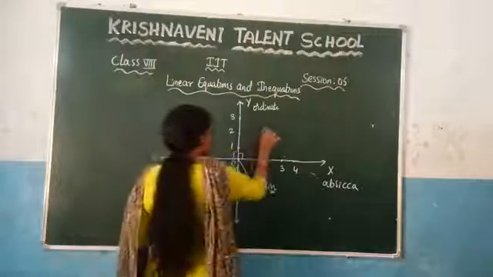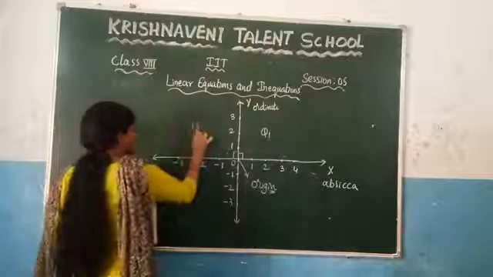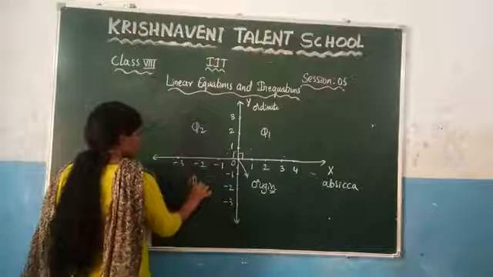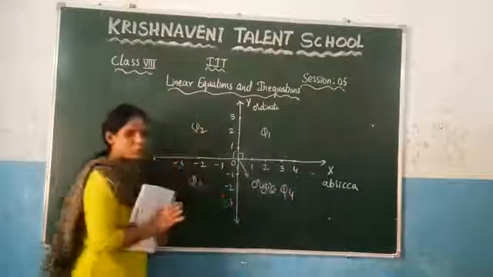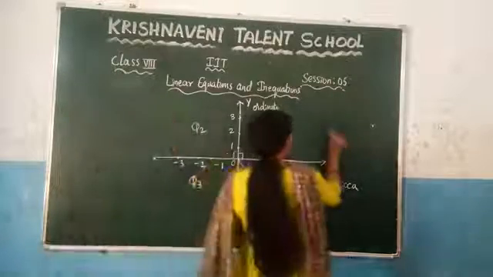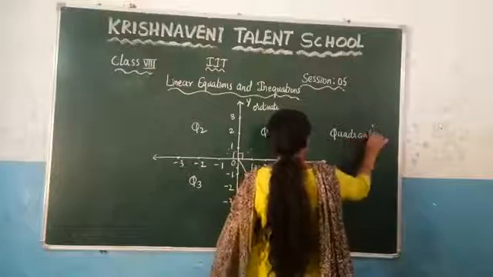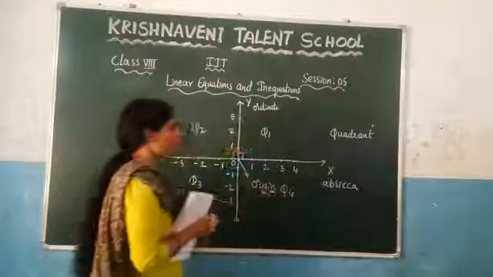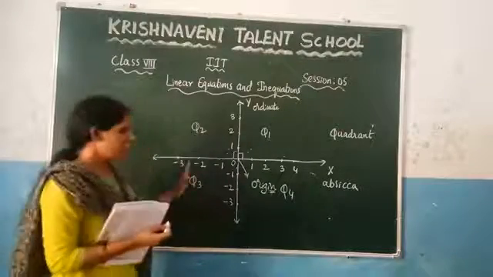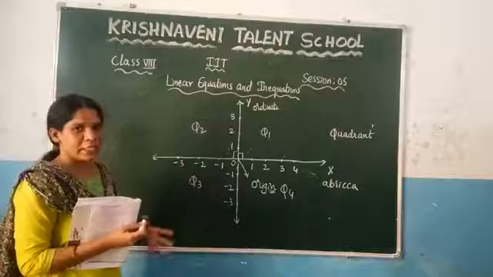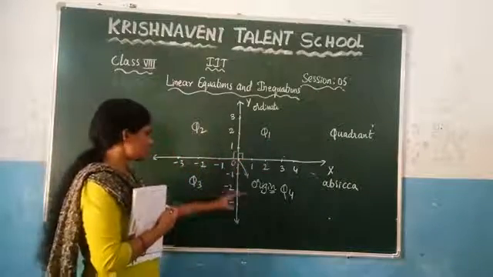So this is Q1, which is quadrant 1, this is Q2, quadrant 2, this is Q3, quadrant 3, and this is Q4, which is quadrant 4. That means quadrant is nothing but 4 parts. So we have divided this coordinate plane into 4 parts, which are Q1, Q2, Q3 and Q4.